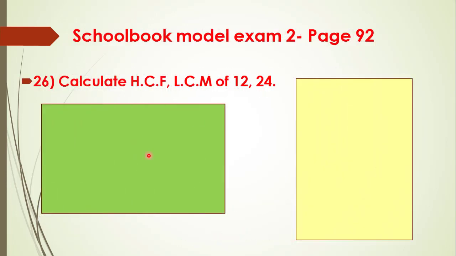Okay, number 26. Calculate the highest common factor and the lowest common multiple for 12 and 24. The first step is to factorize.